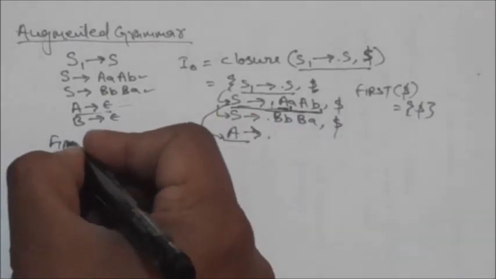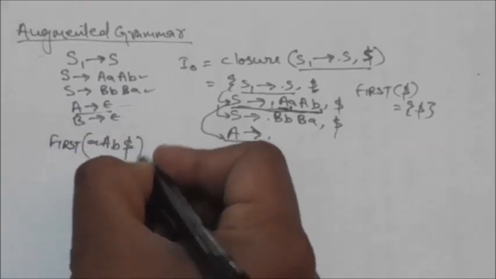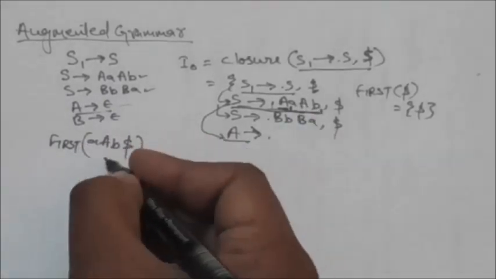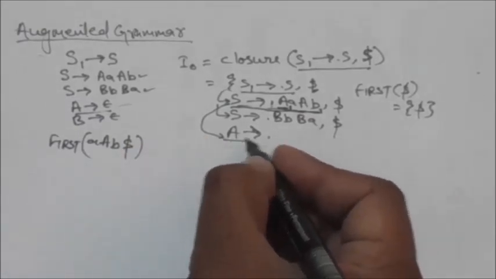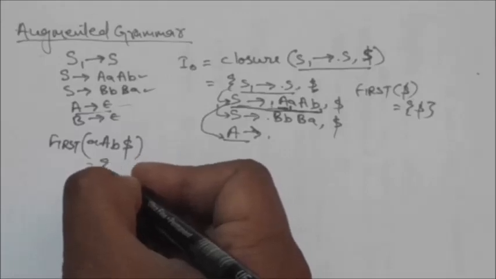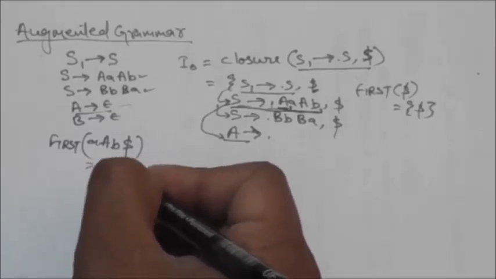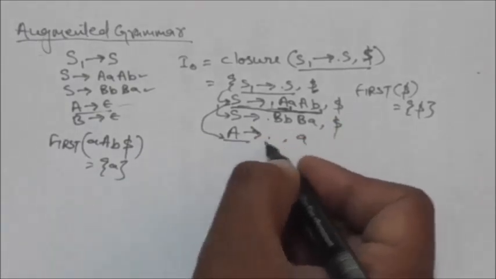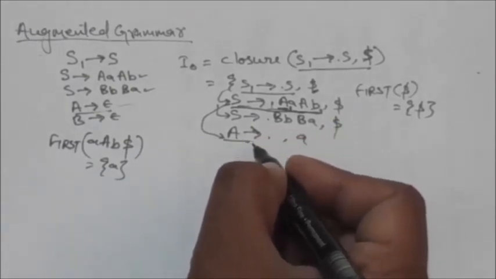So first of AAB dollar will be the look ahead symbol for this item. So first of AAB dollar is equal to a set having only one element, that is terminal symbol A. So terminal symbol A is the look ahead symbol for this item.